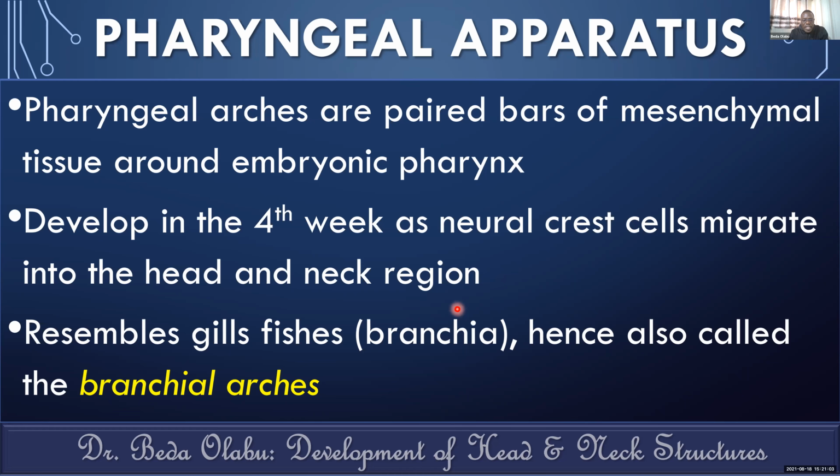Now remember, there's an N somewhere there, so don't call it brachial. It is branchial arches. It is easier for you to call it pharyngeal arches. But basically they resemble the gills of fish. At some point during embryonic development, the head and neck of the human embryo resemble the gills of fish.